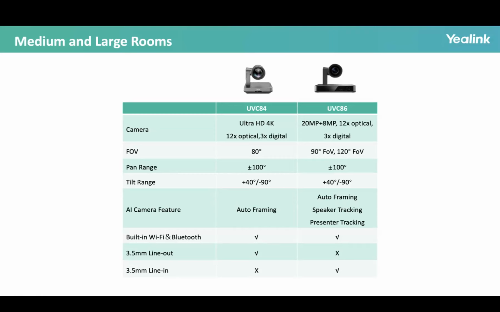So that's the beauty of the medium and large microphones. You can increase the quantity up to 4, I believe, and have a pretty good mic and speaker pickup range, depending on how you mix and match the speakers and the microphones.